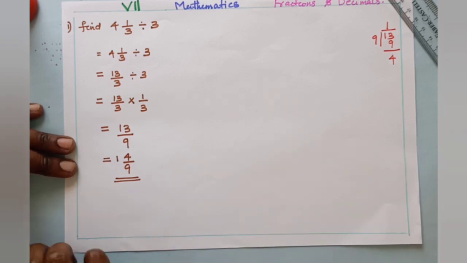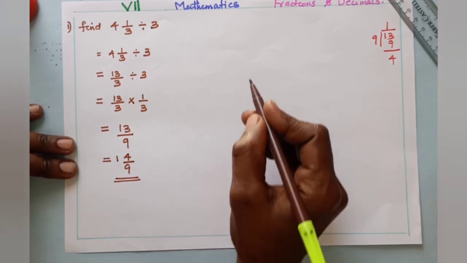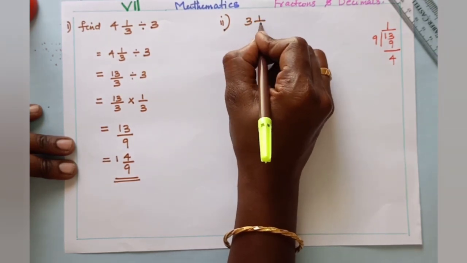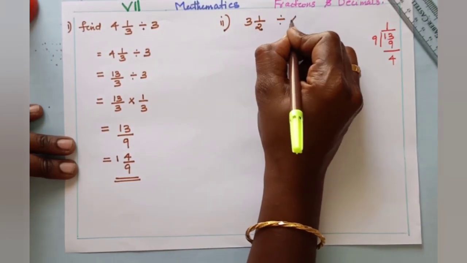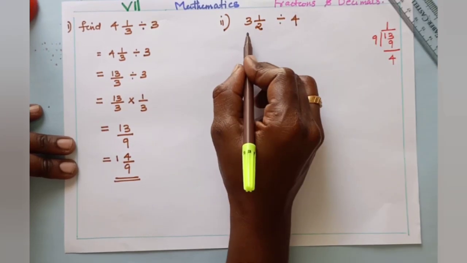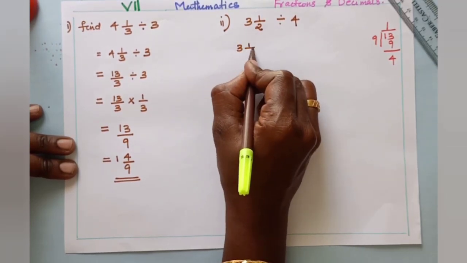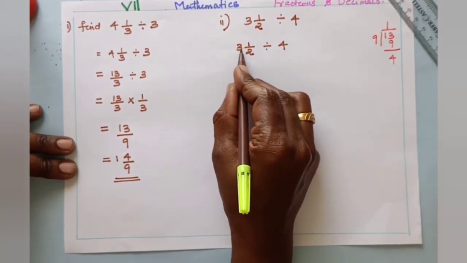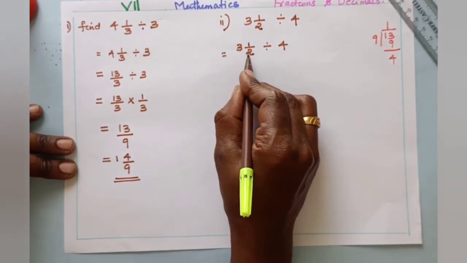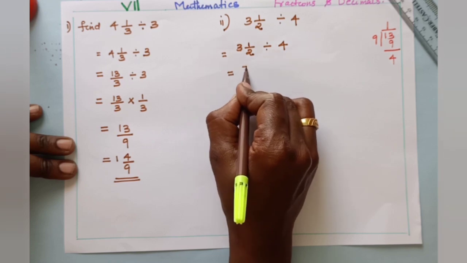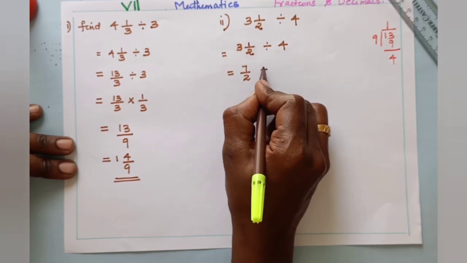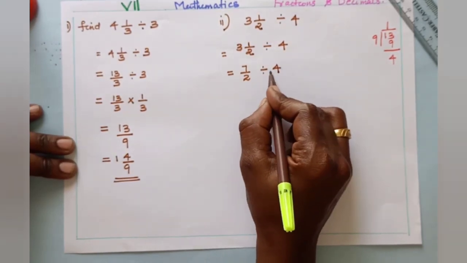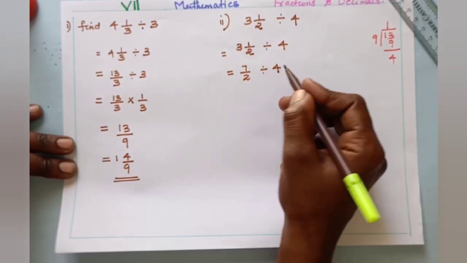Then the next question is 3 and 1/2 divided by 4. Change 3 and 1/2 into an improper fraction. 3 into 2, 6 plus 1, 7/2 divided by 4. Then take the reciprocal of the whole number.